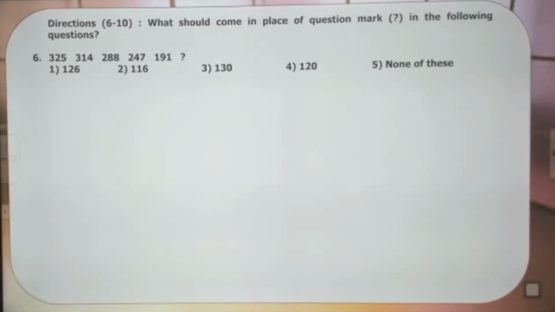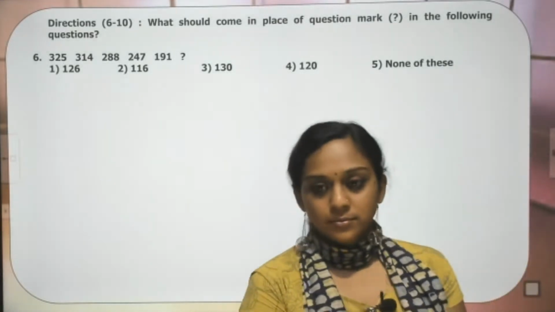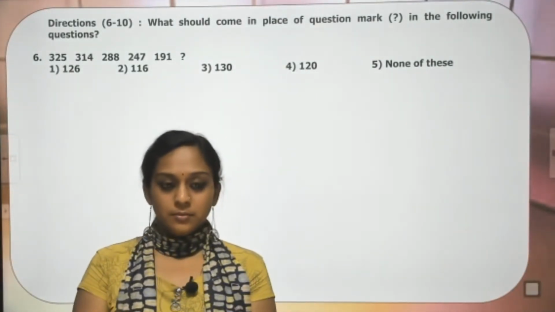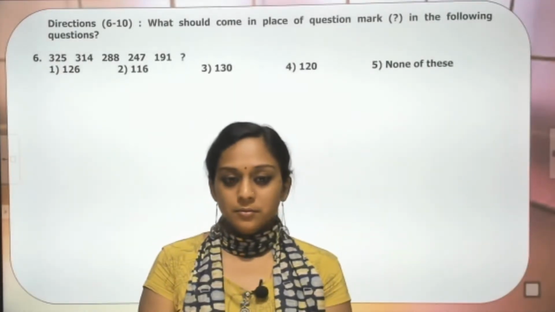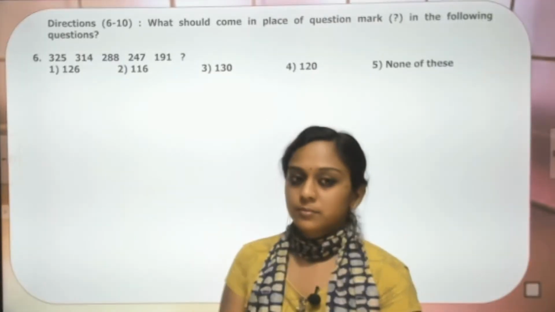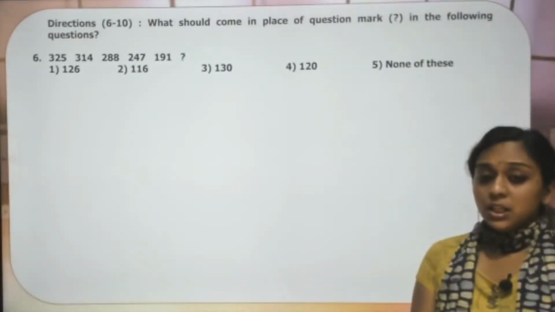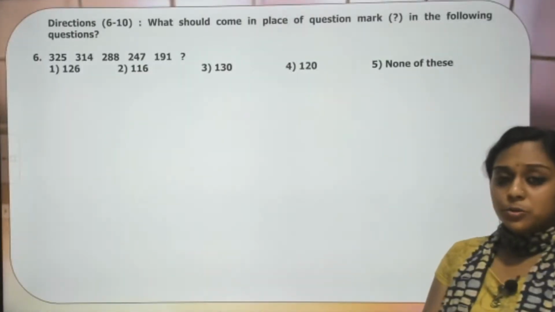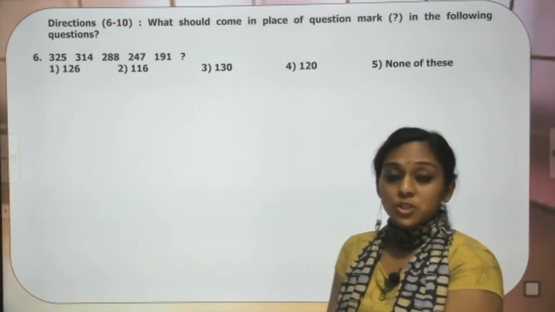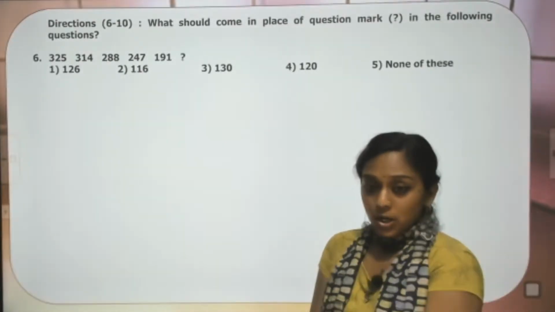Waiting for your answer. It's only a gradual change. So the first thing you have to do when you are getting a question from number series is observe the change. There's only a gradual change.